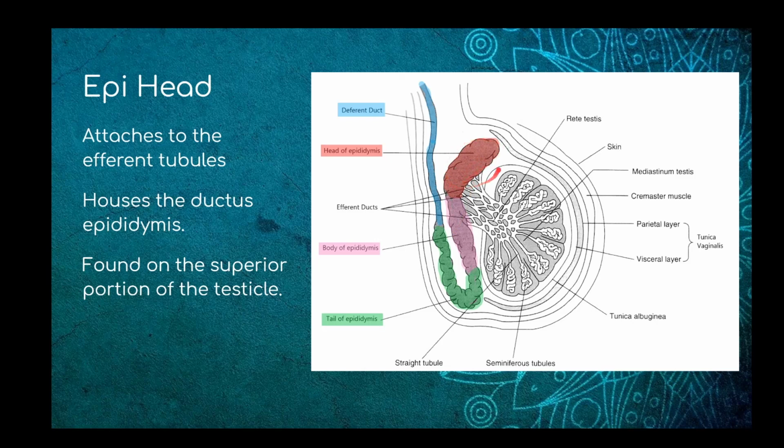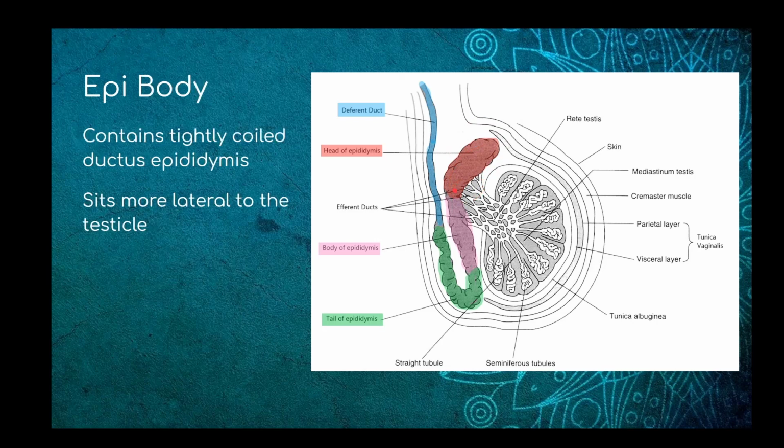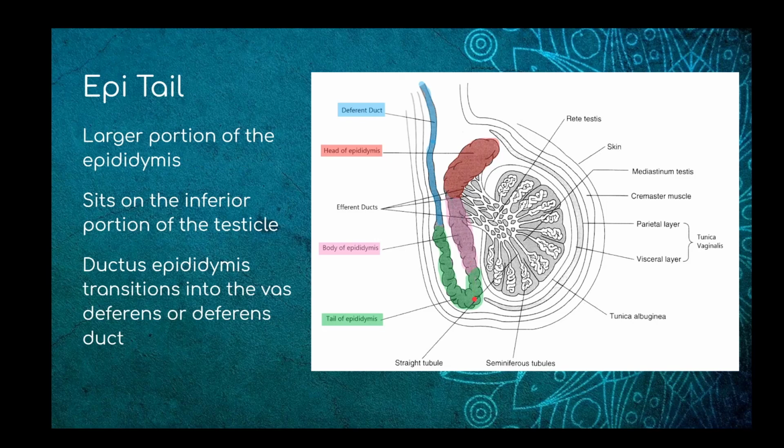They start up in the head, which sits more on the superior side of the testicle. Laterally to the testicle, we have the body of the epididymis. As we keep moving inferior on the testicle, we run into the tail. The tail is the largest portion of the epididymis. It's where we see a lot of pathology start.